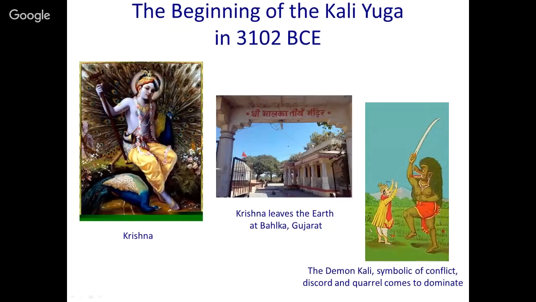I just want to point out that the beginning of the Kali Yuga, at least as it was described in ancient times, happened pretty much exactly at the same time as the Mayan Sixth Wave. And it's also described in the Indian tradition as a time when separation was introduced, and Krishna would leave the earth, and instead the earth came to be dominated by the demon Kali, who brought quarrel and discord into human life.